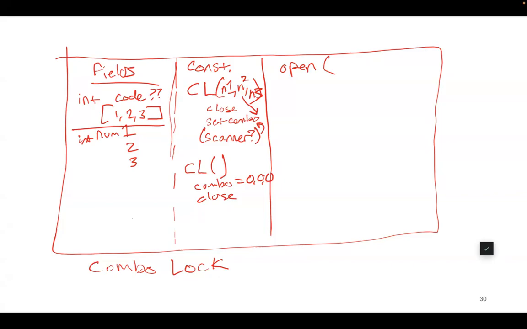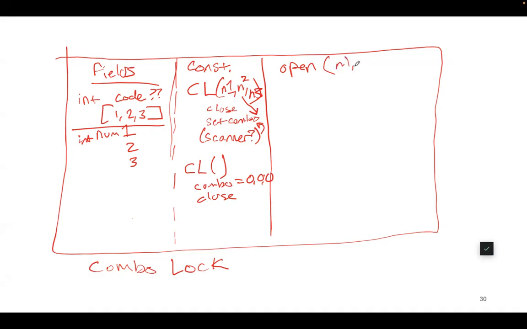Again, we could use a scanner if we wanted to, or we could just have it be input as parameters or as arguments. These are design choices. For simplicity, I'm not gonna go the scanner route. I'm gonna go the parameter route, but this is a choice that you could make differently.